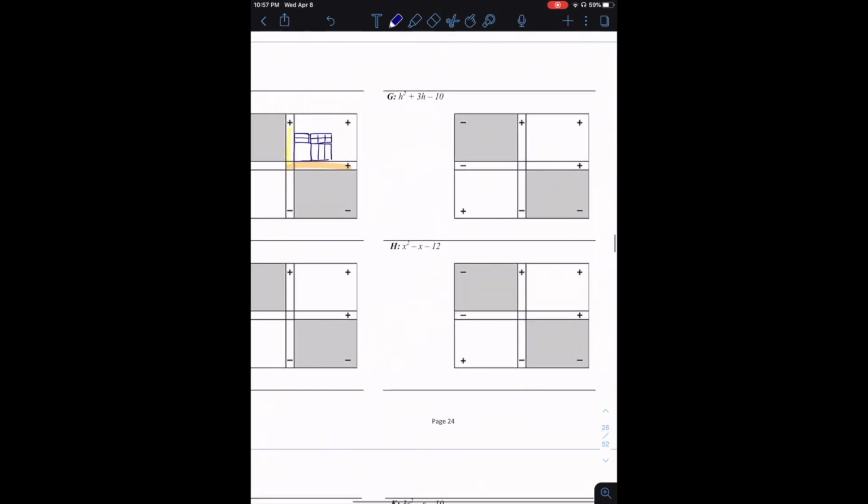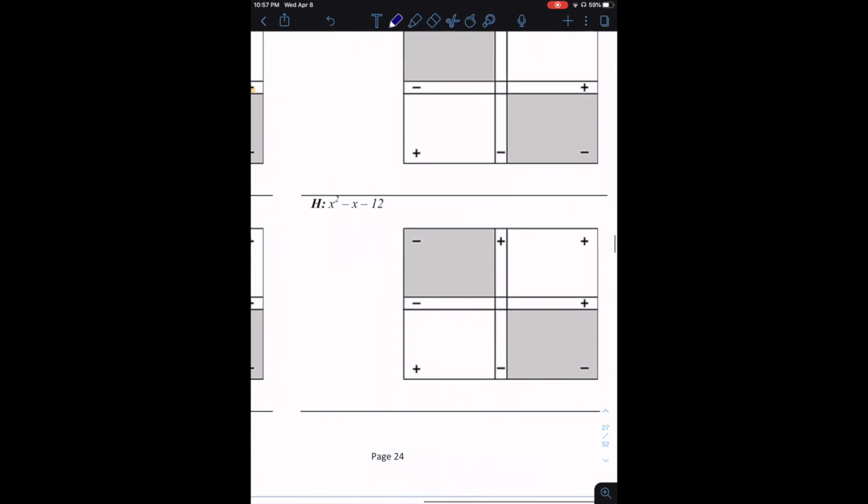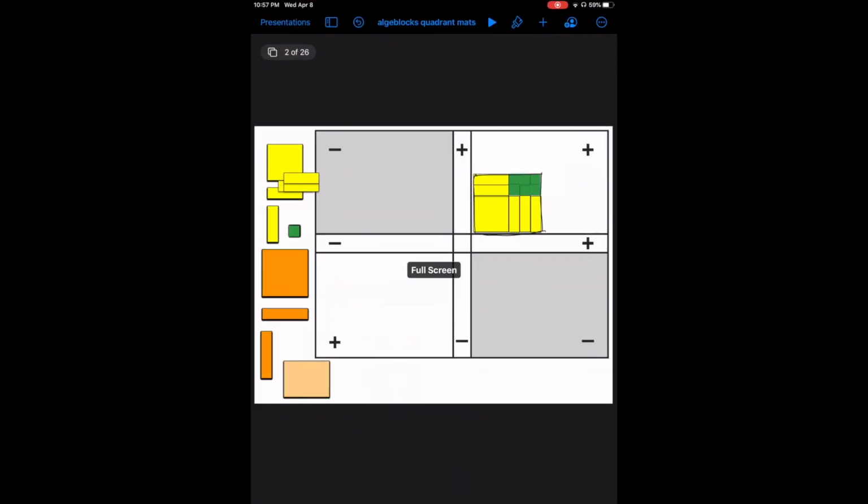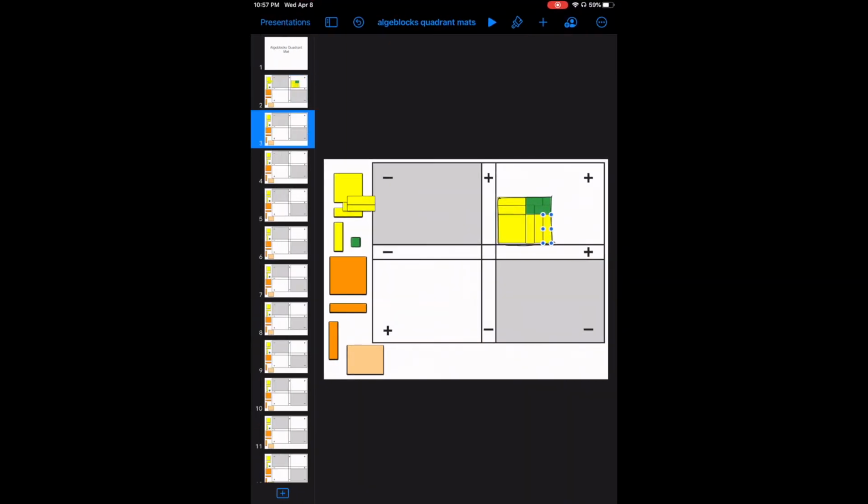All right, let's try to do h. So we have x squared minus x minus 12. I'm going to go back to this graph. So x squared minus x minus 12.